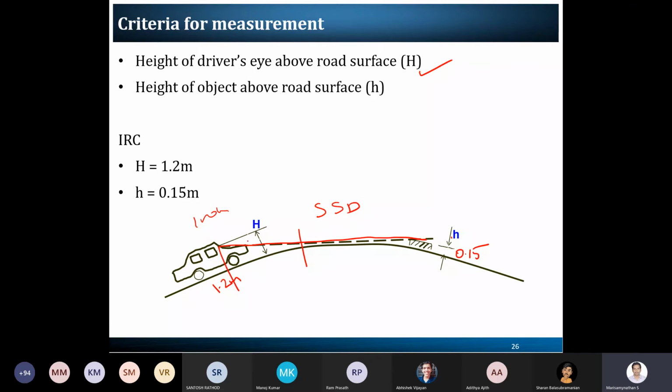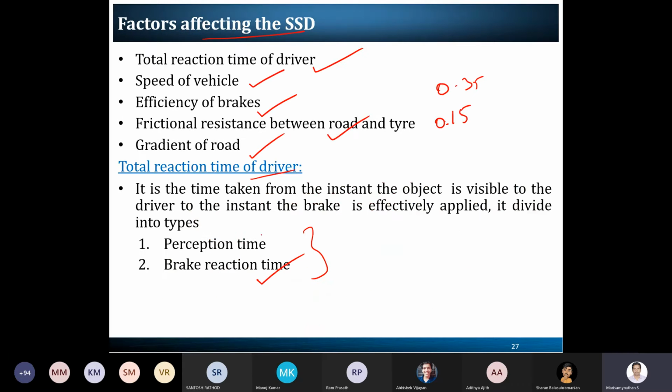So the decision and perception, understanding the situation, takes until this point, maybe 50 meters. Once the 50 meters is perceived, he starts applying the brake from here, and over the next 20 meters he stops his vehicle, where the speed is 0. So the 70 meters is considered the safe stopping sight distance, SSD. This is an explanation of the total SSD as well as the reaction time, how the driver perceives and applies the brake.